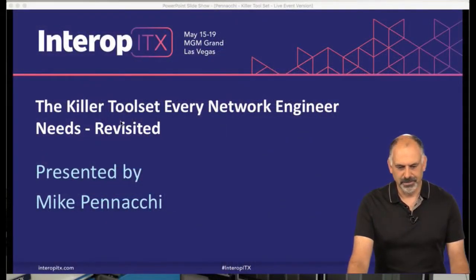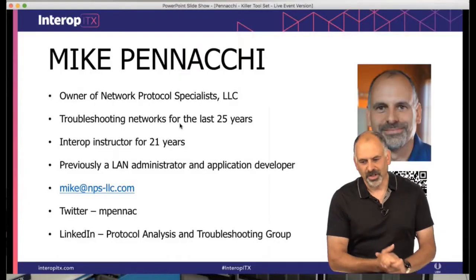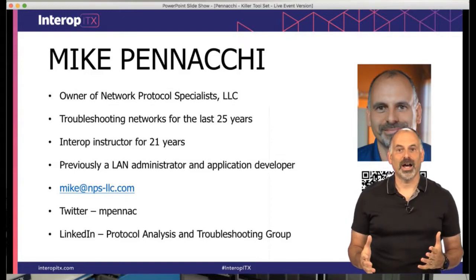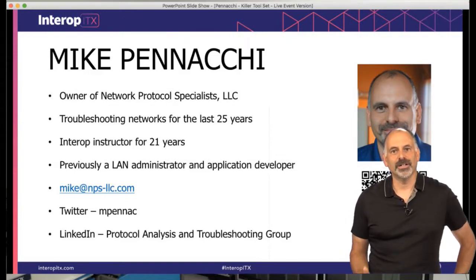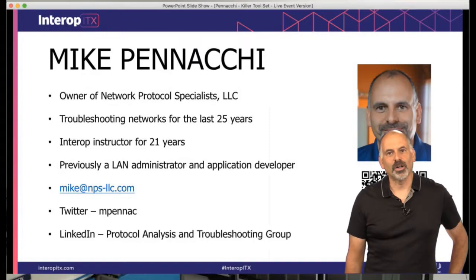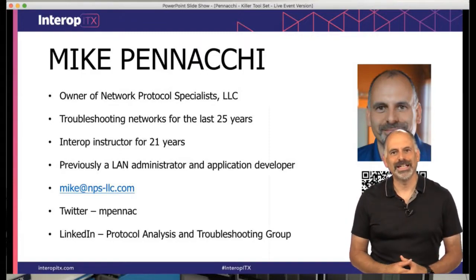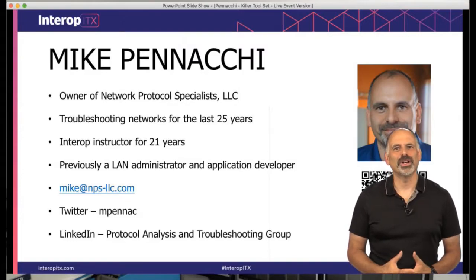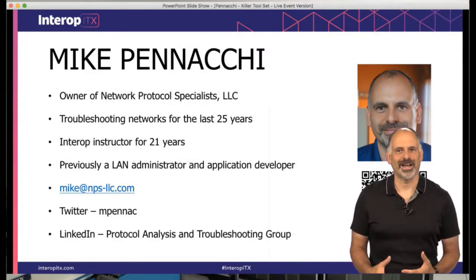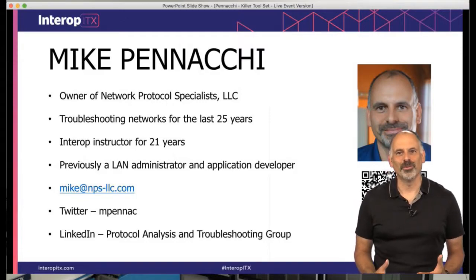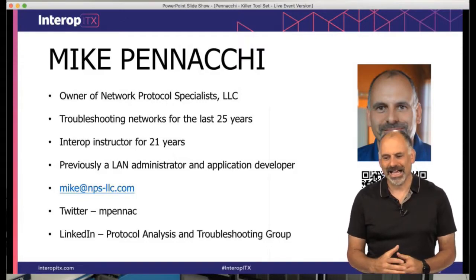All right, so just a quick introduction of me. My name is Mike Pennacchi. I'm owner of a company here in Seattle, Washington called Network Protocol Specialists. I've been going out and troubleshooting networks for about the last 25 years. I started out as a network administrator. Some things were running slow on the old Banyan Vines network that I had.